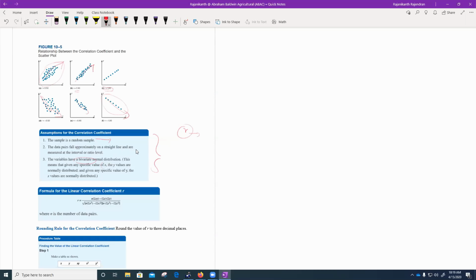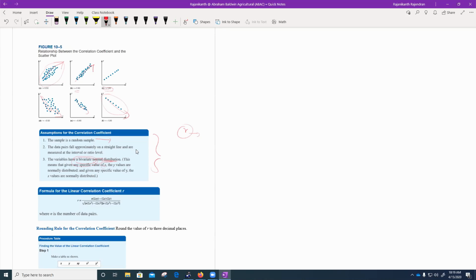If y is normally distributed, then it is called the bivariate normal, and vice versa. You could fix the y value, then you are looking at x. If x is normally distributed, then it is called bivariate. Why did this word bivariate come? Because now this normal distribution is defined based on two variables. That is why it is called the bivariate normal distribution.